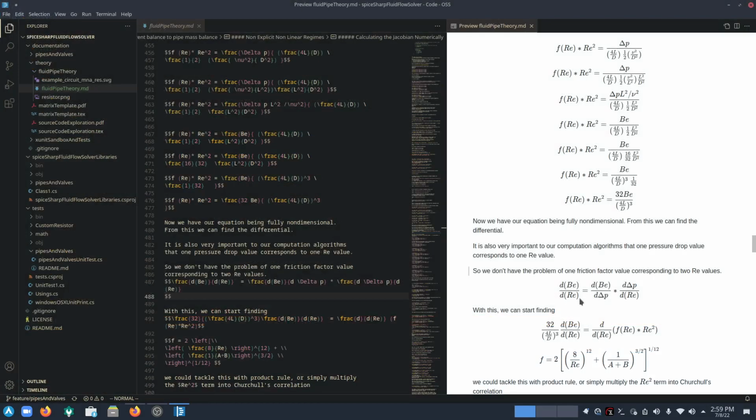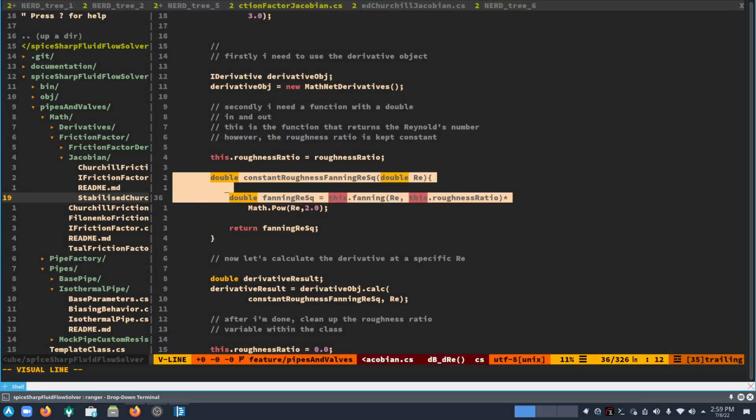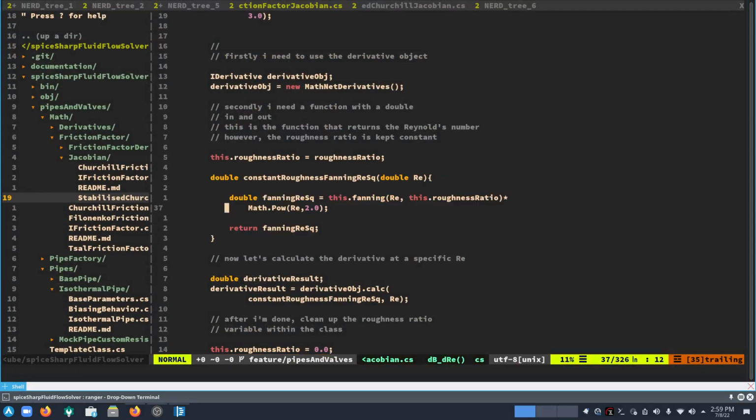We're actually trying to differentiate the fanning friction factor times the Reynolds number squared, so this is exactly what we are doing here. This function just returns the fanning friction factor times the Reynolds number squared. It doesn't do anything more than that.